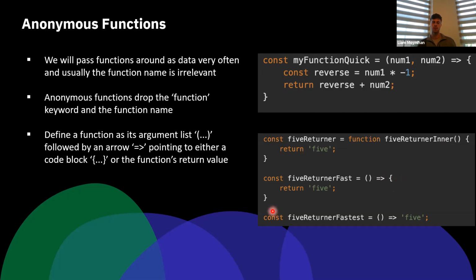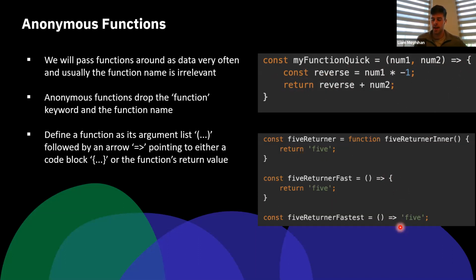We can see we have that up here, defining two numbers that are going to do some stuff, but we can simplify that further. If we didn't have this line here and we just wanted to return num1 plus num2, we can omit those curly brackets and point directly to the return statement.